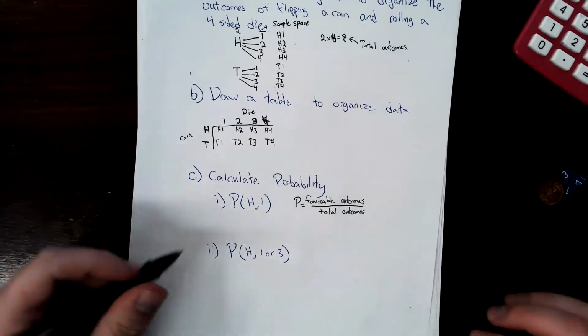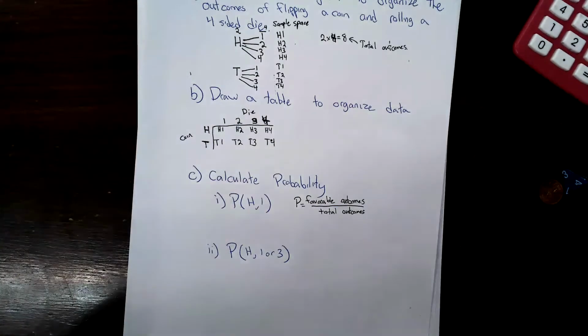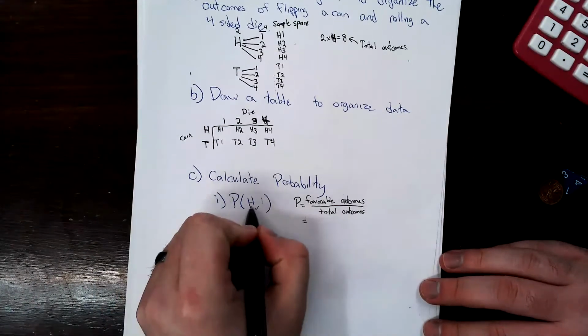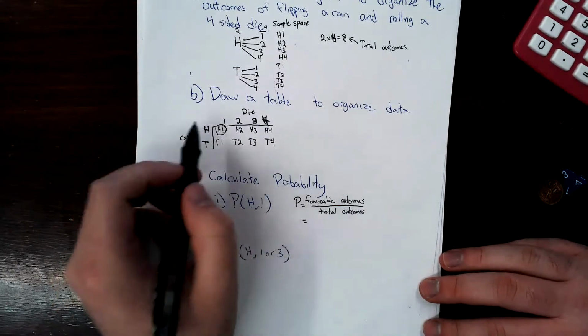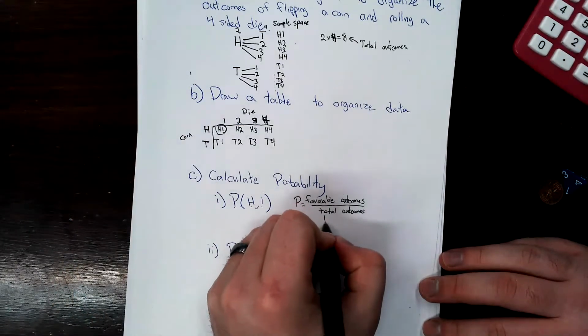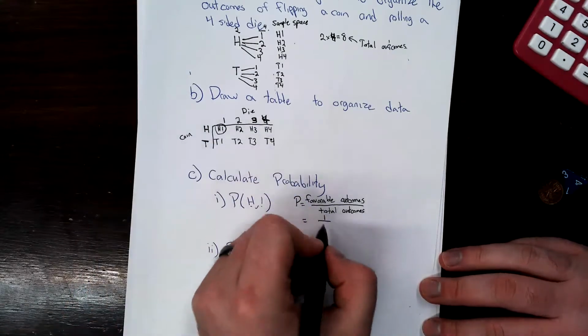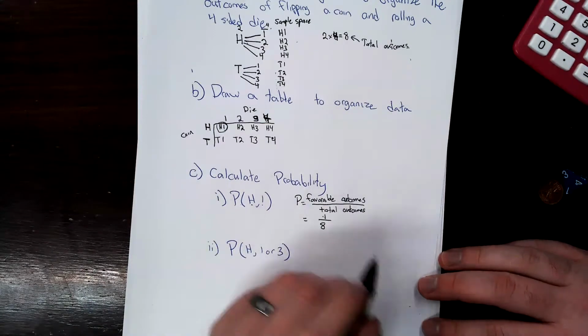Our favorable outcomes are the ones we want. How many heads 1s are there? Well, there's only 1 here. So there's 1 favorable outcome over the total amount of outcomes, which is 8. So there's 1 out of 8 possibilities.